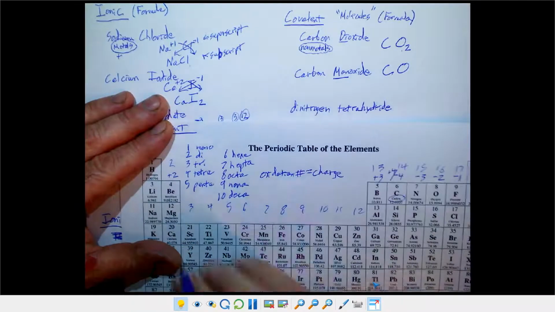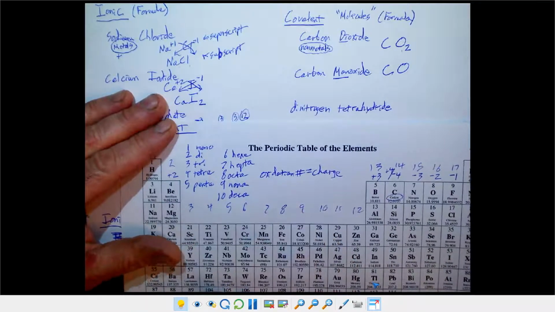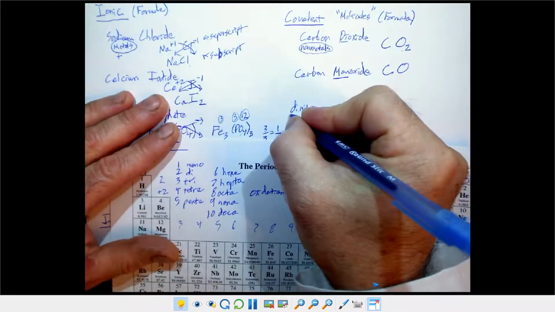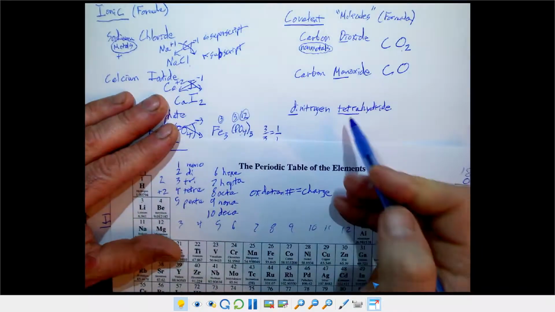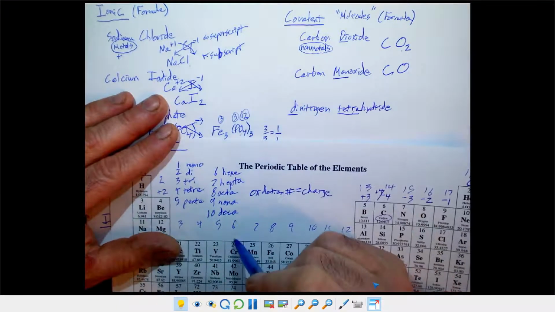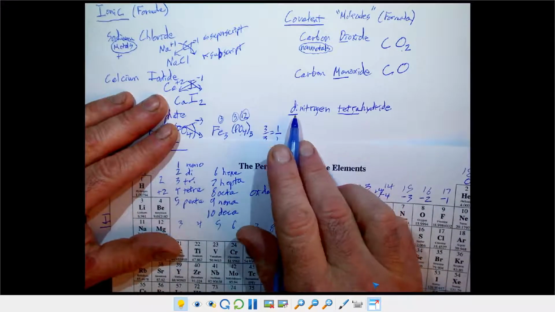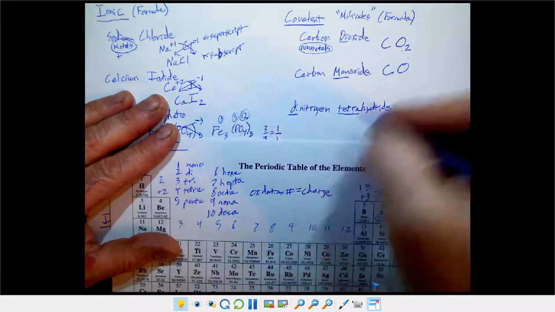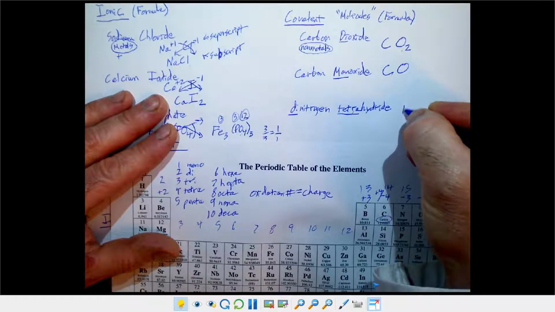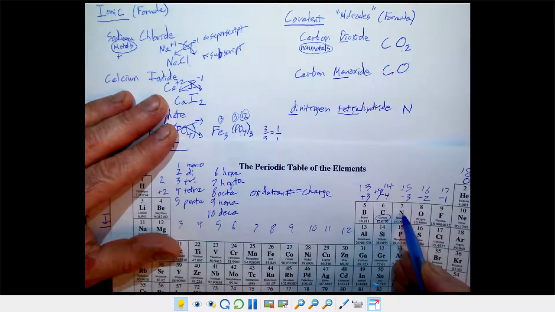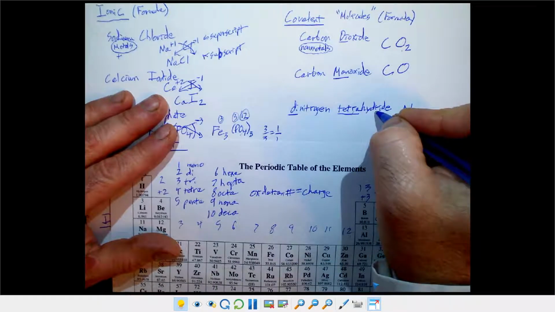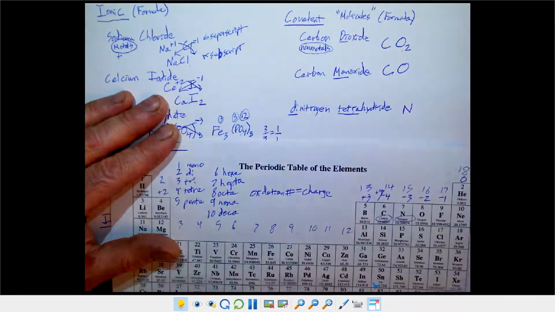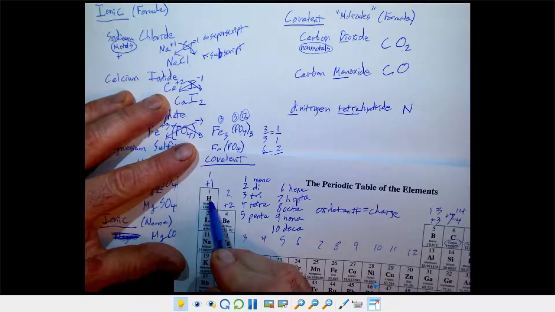So just CO, that's it, okay? Now notice something different happens here. Now we start putting prefixes on not just the back one, but the front one. So we're going to have to pay attention to that. Nitrogen is N. Right here, nitrogen is N. And then again, oh, this is a different one, hydride. Hydride sounds like hydrogen. Okay.